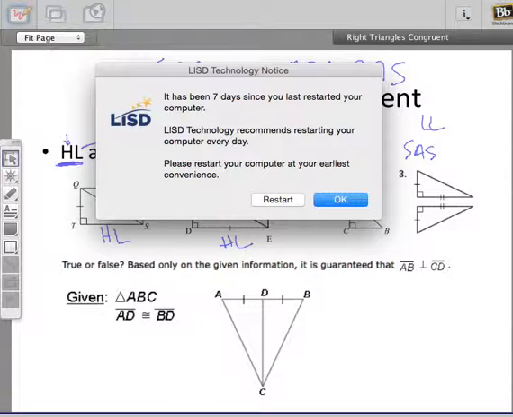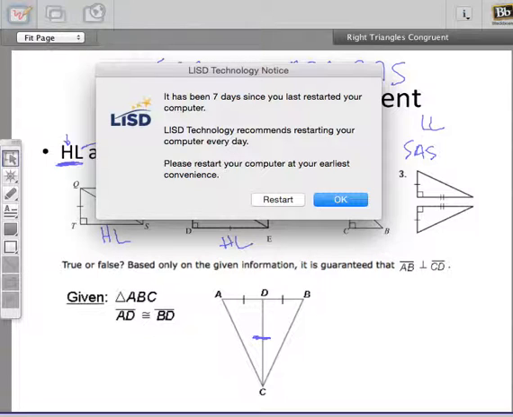Then you've got this true or false statement. It says based only on the given information, is it guaranteed that these two segments are perpendicular? Well, based on AD is congruent to BD, and I know that this side is congruent to itself, is there going to be enough information to say that those two lines are perpendicular?